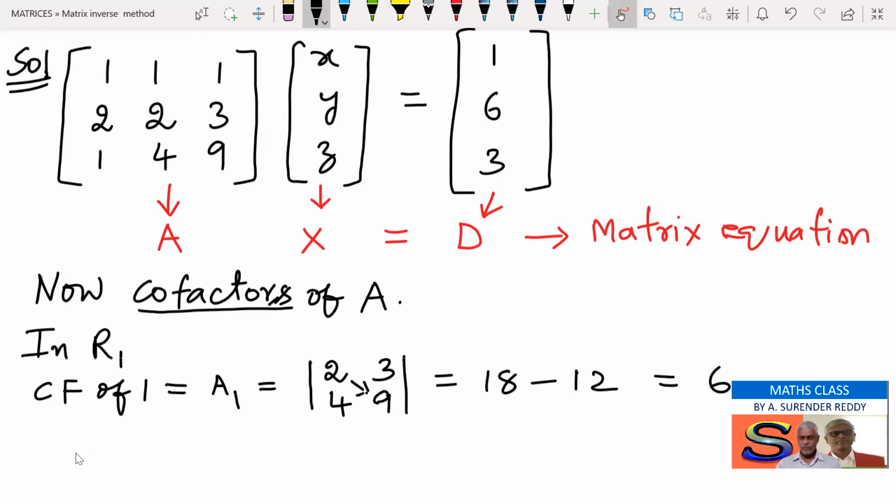Similarly, in the first row, the cofactor of the second element, let us name it as B1.